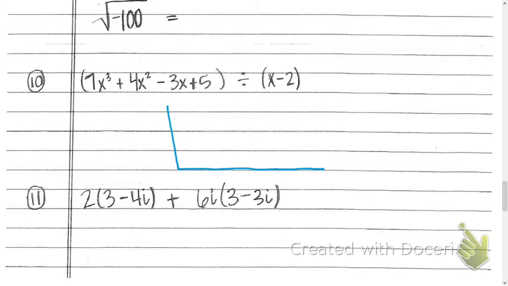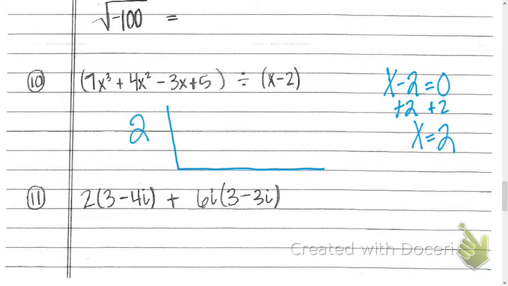The solution. So we want to set x minus 2 equal to 0 and solve. The first thing I have to do is add 2. So x equals 2. My solution goes over here.